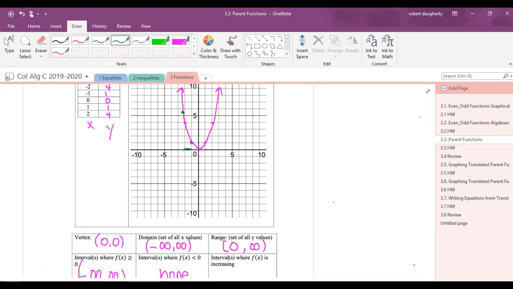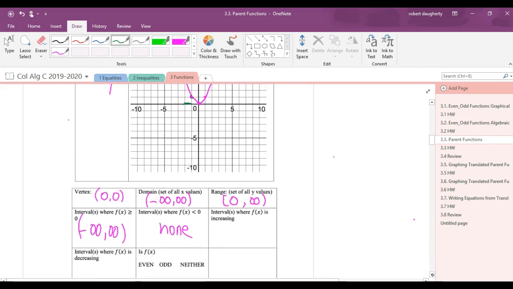So that means this function is what? Decreasing or increasing? Decreasing. So this function decreases from negative infinity until it gets to where? Yeah, as I travel on the x-axis, it's decreasing from negative infinity to 0.